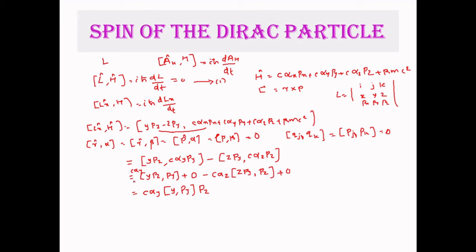When you take this y to the left side, the term will be 0. Similarly from here, when you take this p_y to the right side, the value is c alpha_z p_z into p_y. When you take this z to the left side, the commutator [p_y, p_z] is 0, so its value will be 0.